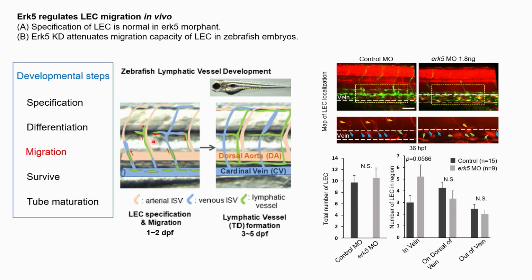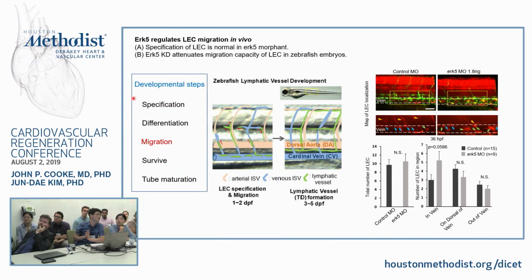So, these are the developmental steps of lymphatic endothelial cells. They need specification, differentiation, migration, survival, and maturation processes to make complete lymphatic vessels in zebrafish, mouse, and humans. Again, lymphatic endothelial cells are specified in the cardinal vein here, and then they migrate out.